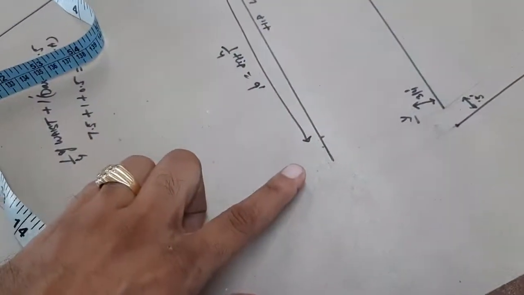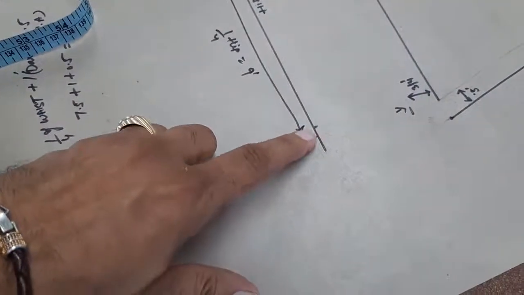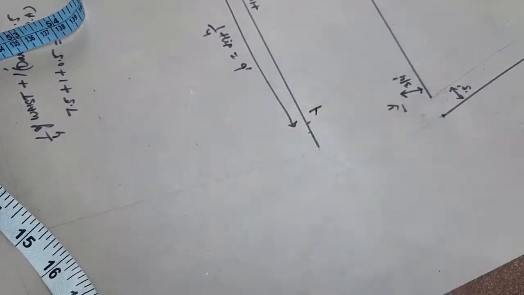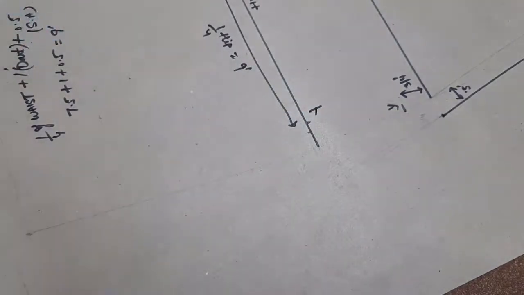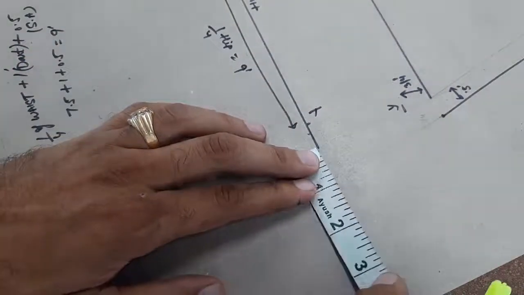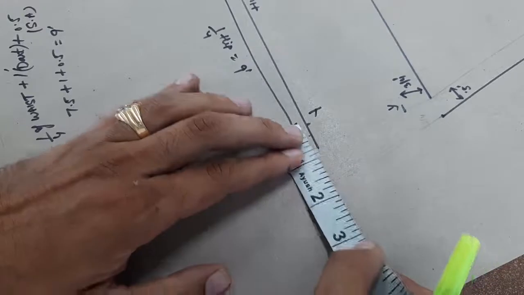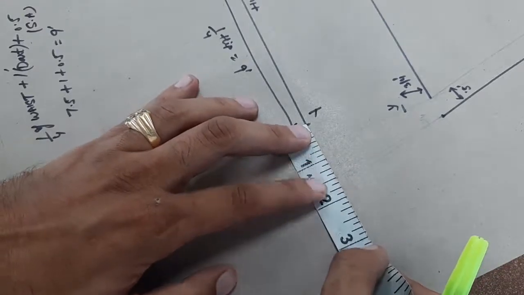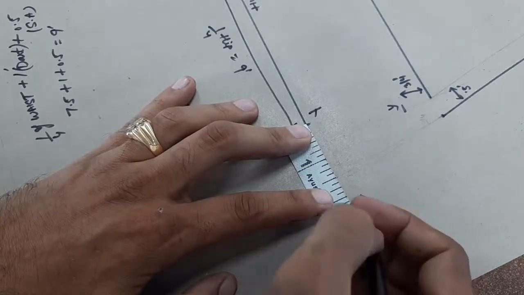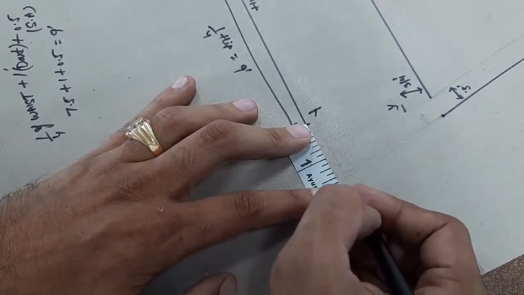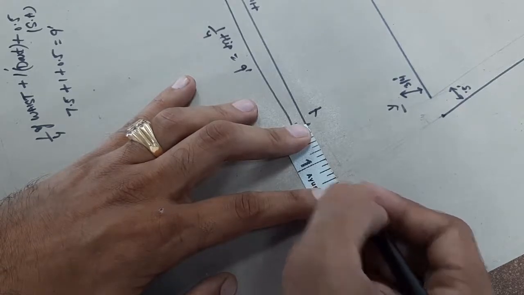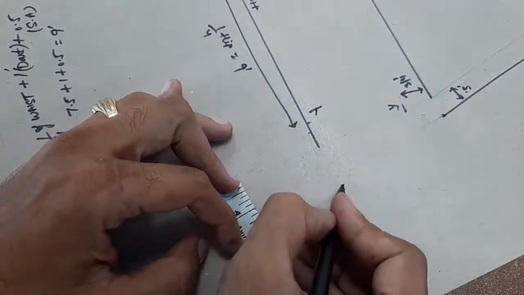After that you need to add from here, that we are calling T point. From this T point we are going to add 1 3/4 outside. So from this T point we are just marking 1 3/4, something around here. So this is the point.